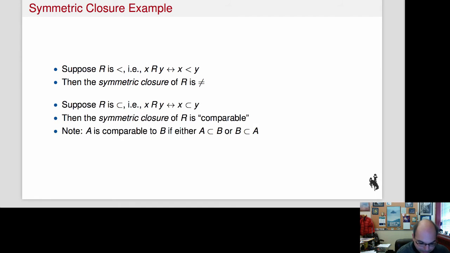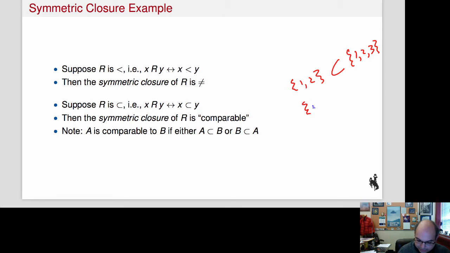Suppose we do subset. So now I have all the sets A, B such that either A is a subset of B or B is a subset of A. That's not the same as saying that A is equal to B. What we have is what's known as comparable. For instance, if I have these two sets here, {1, 2} is a subset of {1, 2, 3}. These two sets are comparable.